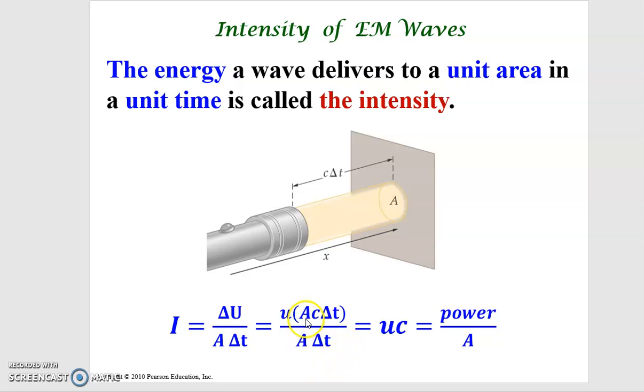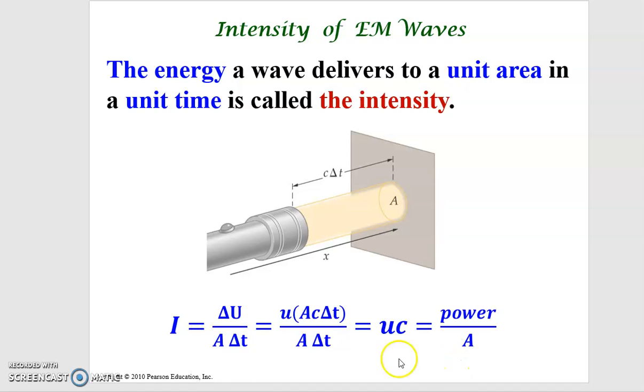Now you have A in the numerator and the denominator, so these two terms cancel out. And you also have delta T there, so delta T also cancels out. So now this term becomes simply the energy density of the EM wave multiplied by the speed of light.